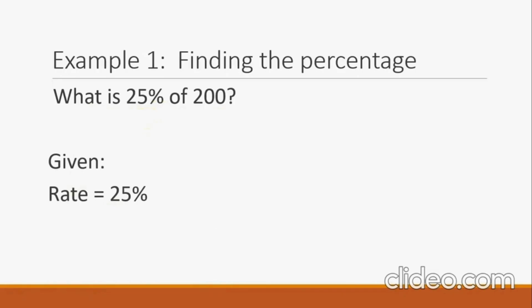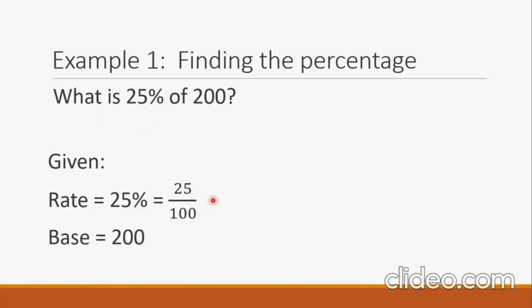So the rate is equal to the 25%, and the 25% can be written as 25 over 100. That is the equivalent of this 25% into fraction. Next is the base. So this 200 here is our base.